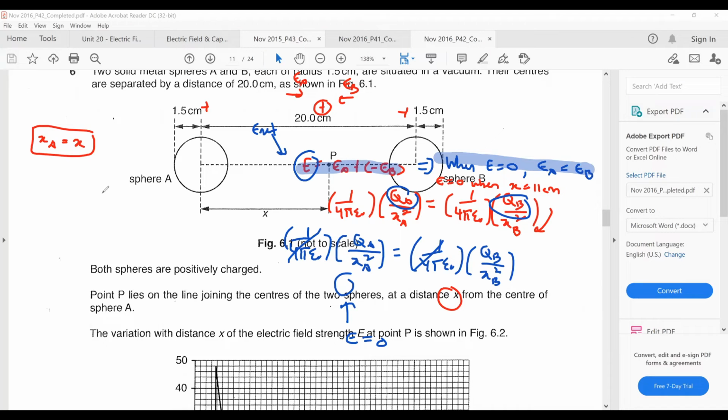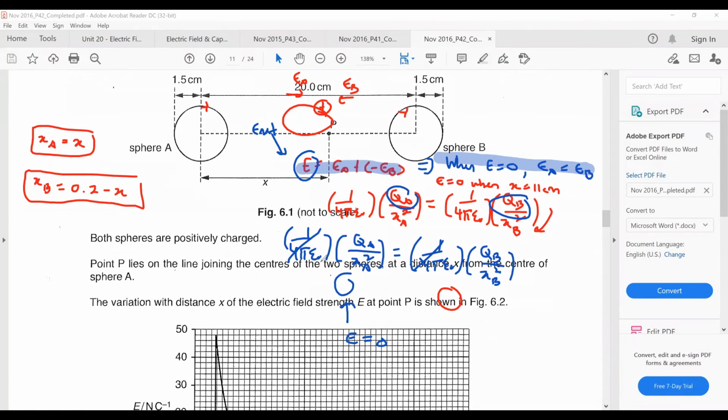But XB is actually not your value of 20 centimeter. Sorry, it's actually 0.2 minus x.